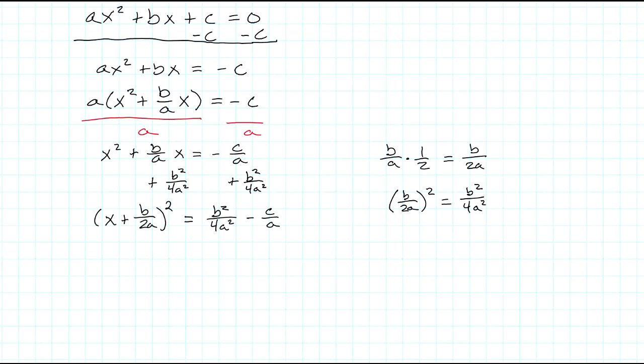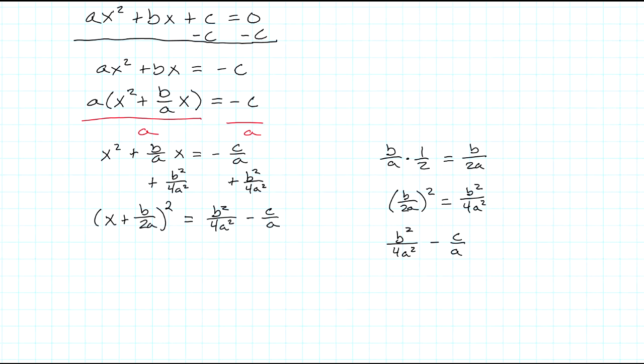All right, so I'm thinking that I want to go ahead and get a common denominator and add that right side up before I take the square root of both sides. So we could take the square root of both sides, but in order to get it in the form of the quadratic formula that we're used to, we want to go ahead and add up that right side. We've got b squared over 4a squared minus c over a.